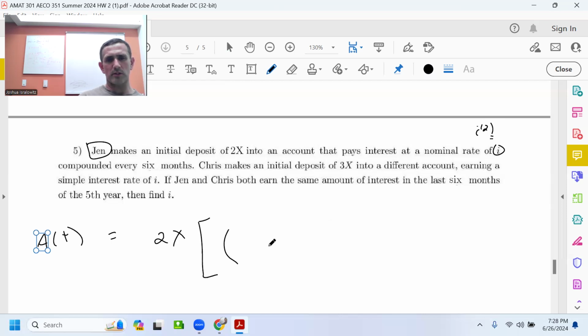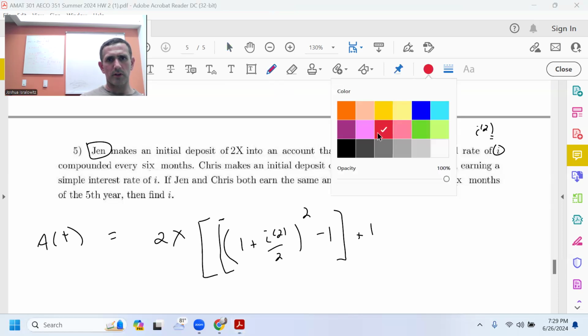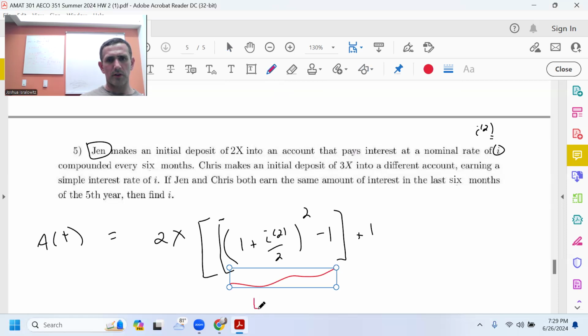So I^(2) is basically my I. So my effective annual interest rate is going to be 1 plus I^(2) over 2, squared, minus 1. And then we're going to do plus 1. Equivalent effective annual interest rate right here. I'll just do it once, just like I did in the video. But I^(2) we're saying is I.